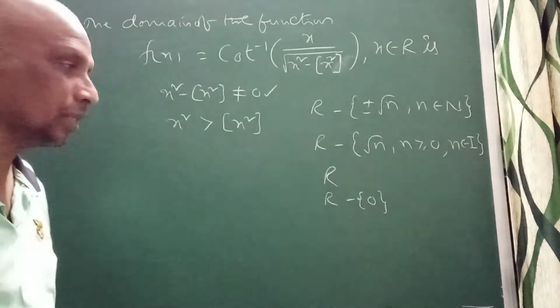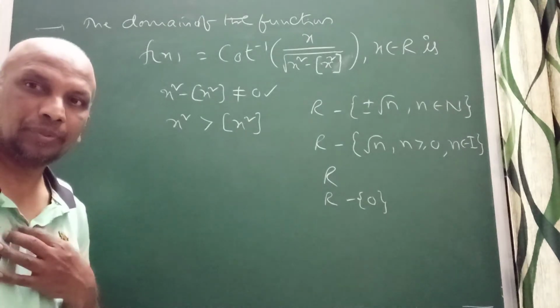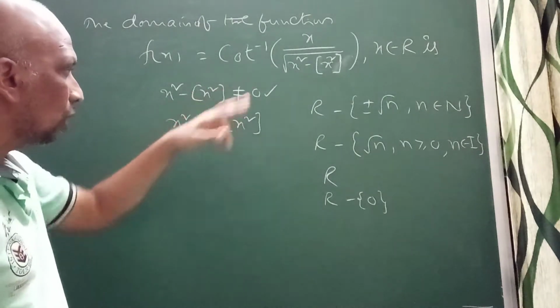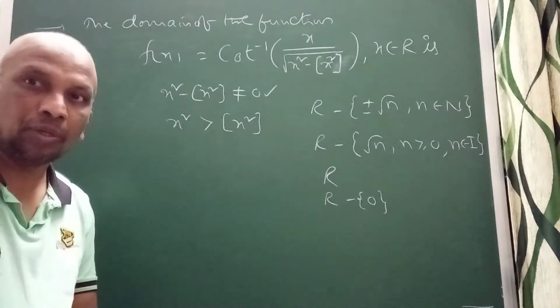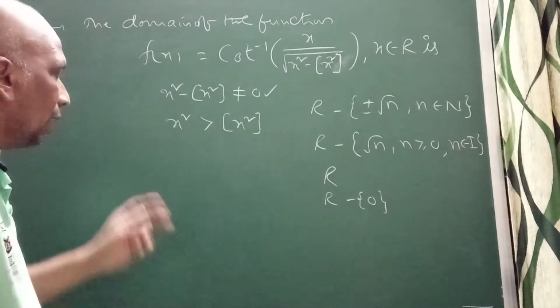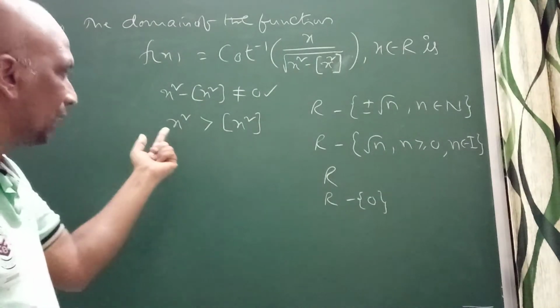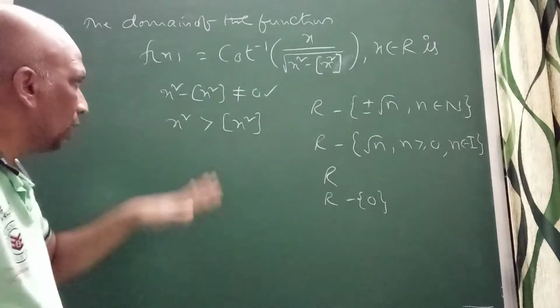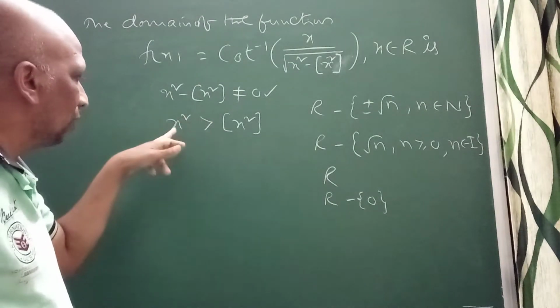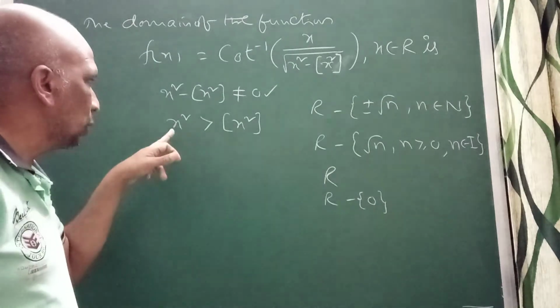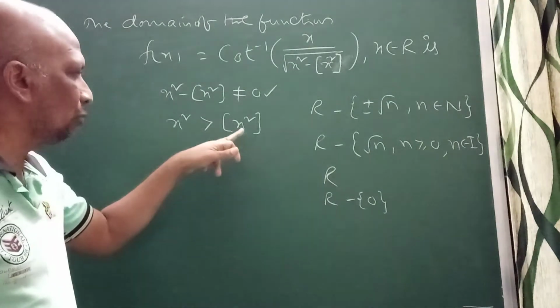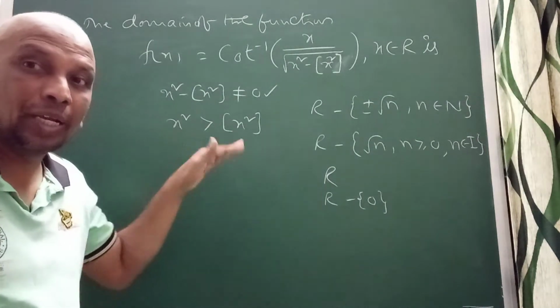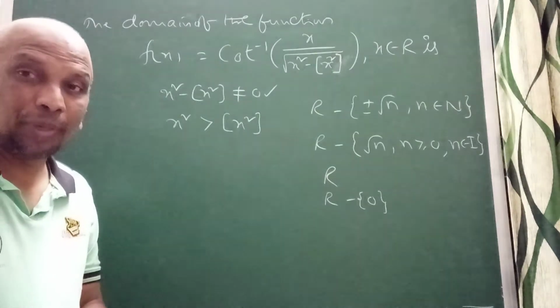But remember, this value should not be equal to that value. But here, if you take any number, x square is a positive number, right? If you take any positive integer, for example 1 square, step of 1 square is 1 only. You get equal, it will come equal, right?